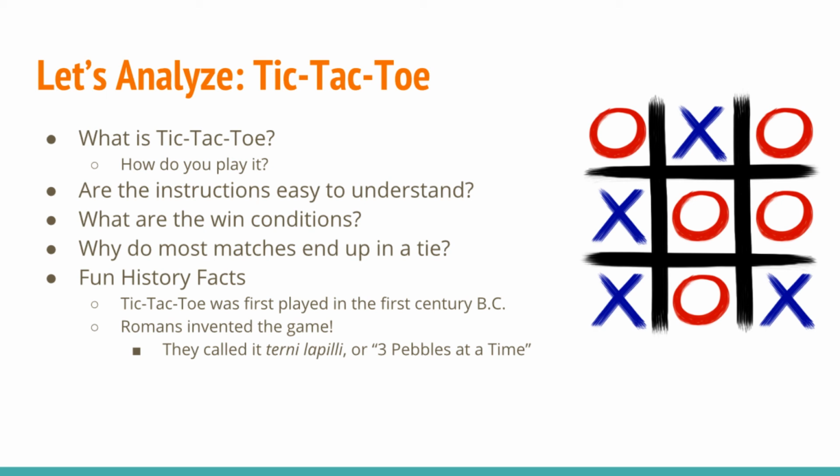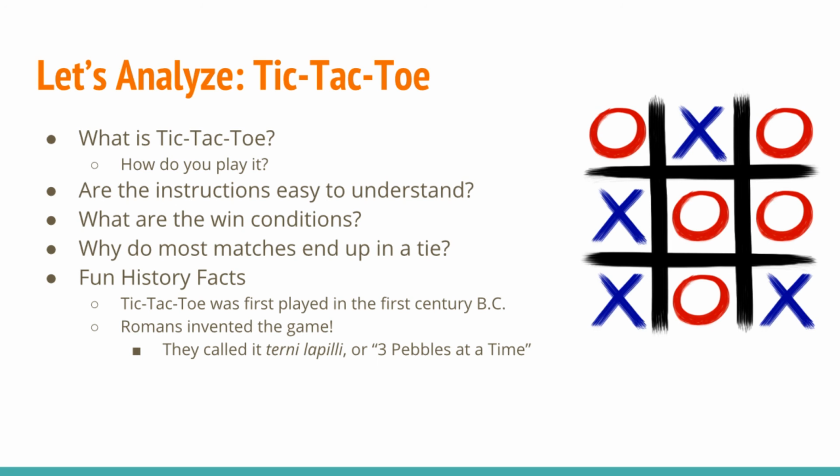The way we analyze it is, are the instructions easy to understand? Yes. You are either X or O, and your goal is to get 3 of your symbol in a row, whether it's across, up and down, or left to right.